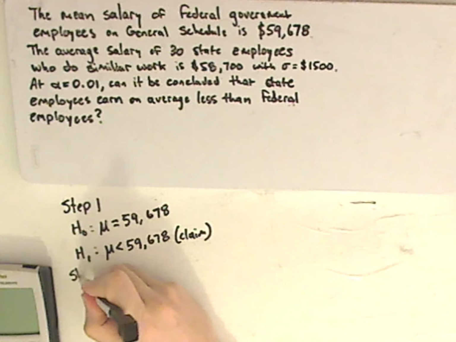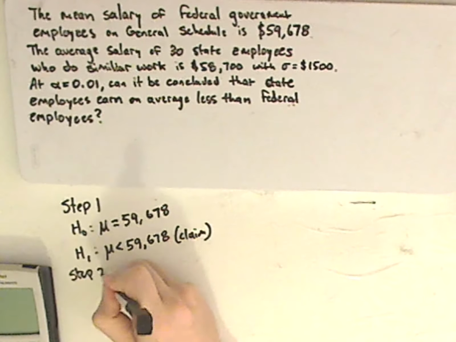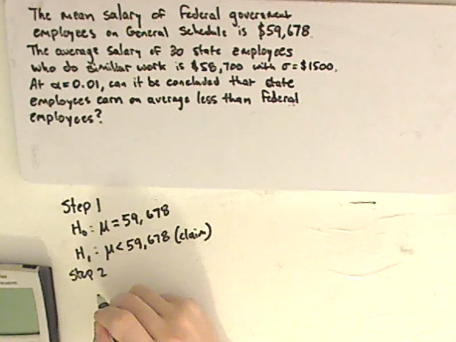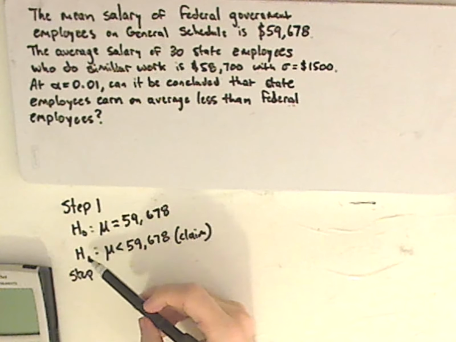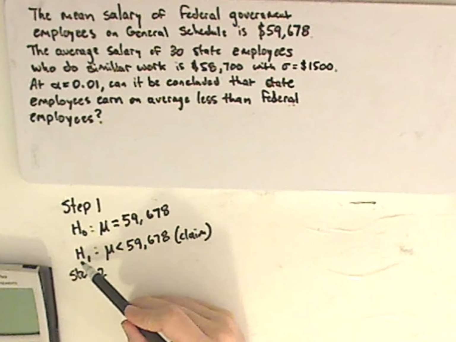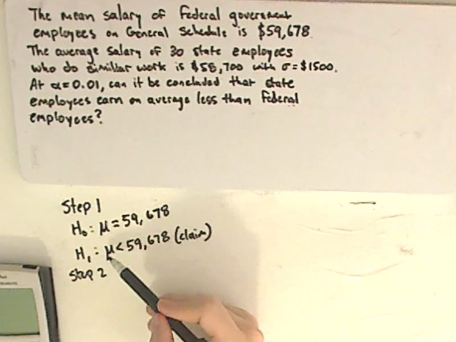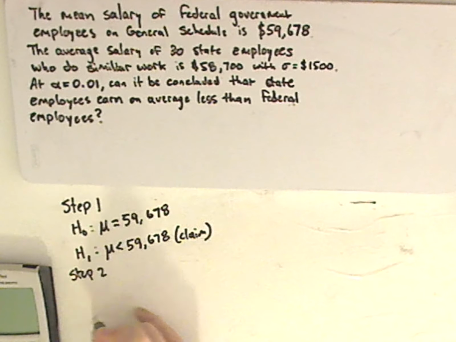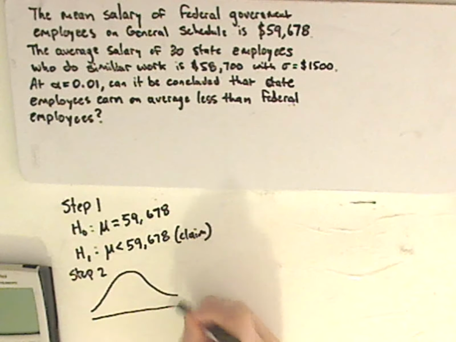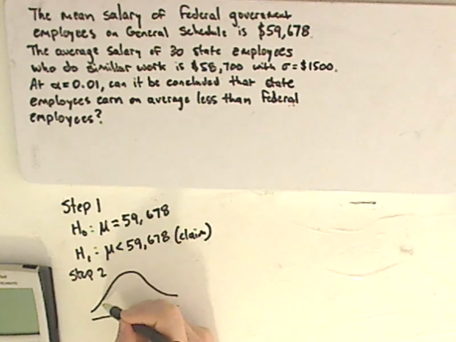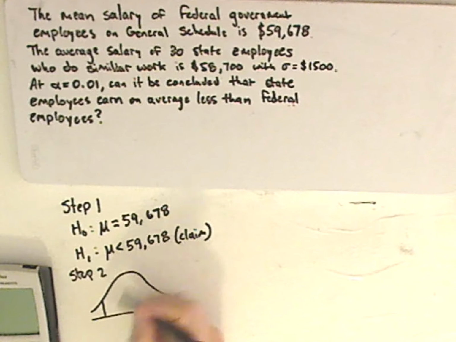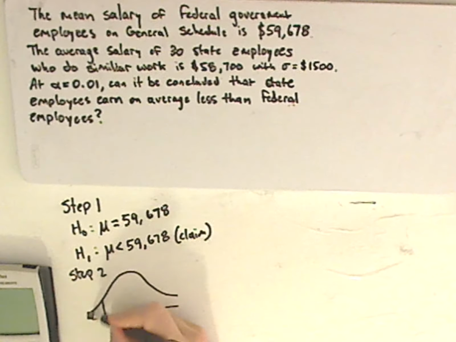All right, step number two. Step number two would be to define your critical values. Your critical values in your critical region is always based upon your alternative hypothesis. So if you look at your alternative hypothesis, it's less than, so it's going to be left-tailed.